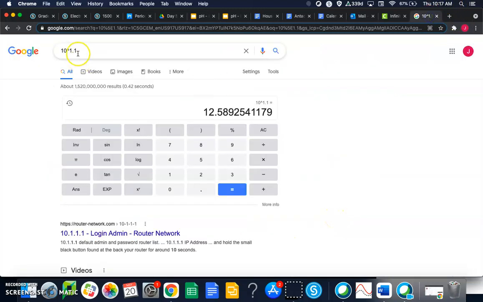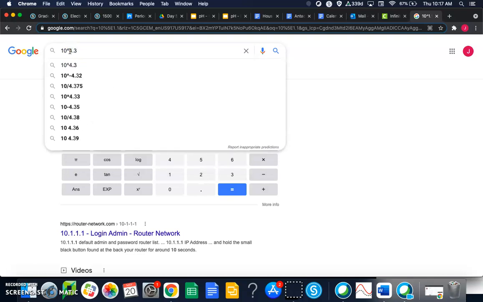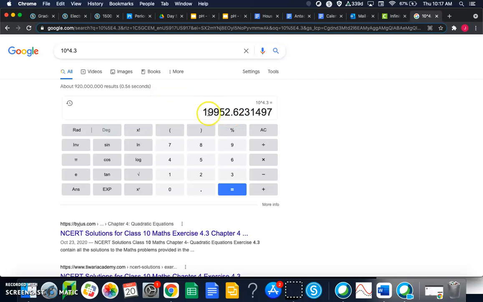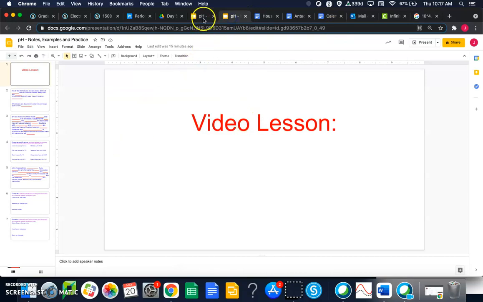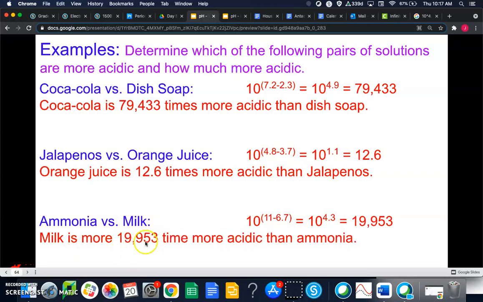Let's type that in here. 10 to the 4.3. That gets us to 19,953 if we round up, because that's a 6. So 19,953. Okay, so then what does that mean? That means that milk is 19,953 times more acidic than ammonia.